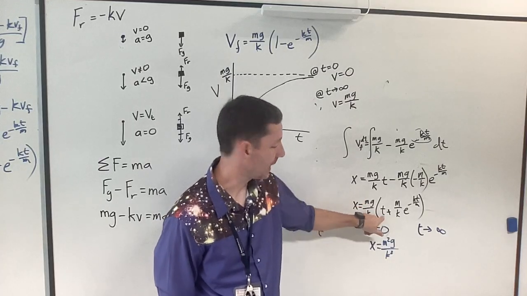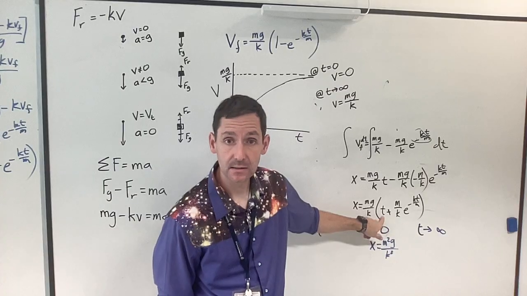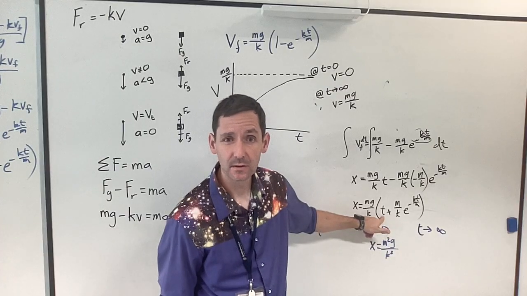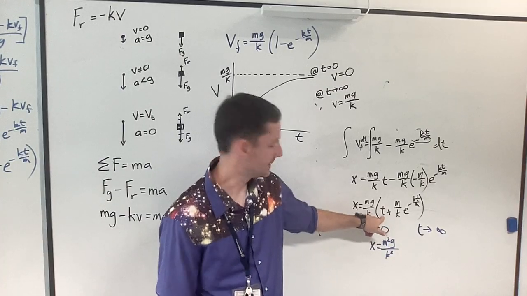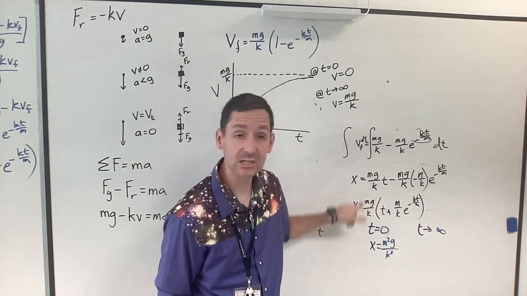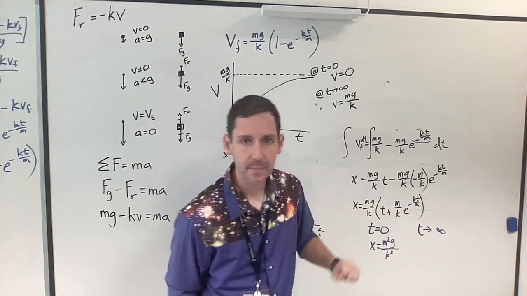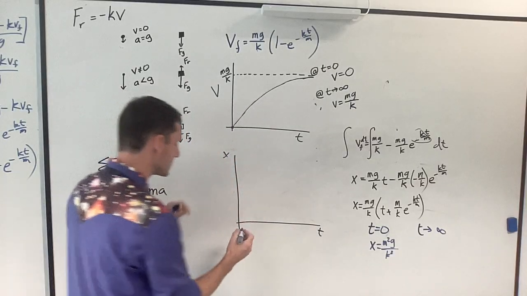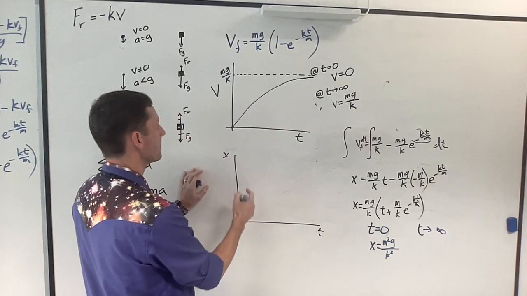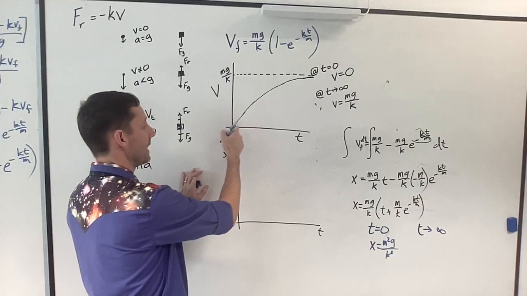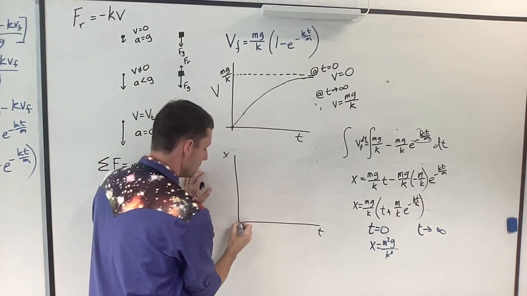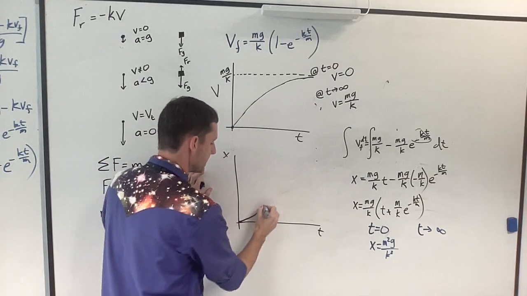Mg over k times t, that is a linear graph. And so what I recognize is that I'm going to have a linear graph with a slope of mg over k. All right? And so I do expect the x, in the beginning, I have a low velocity. It should be increasing.